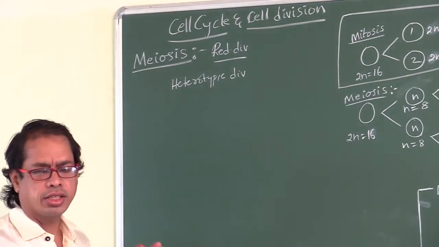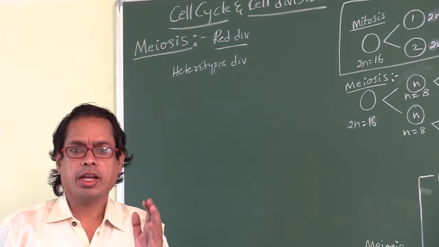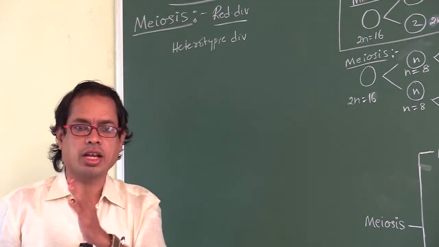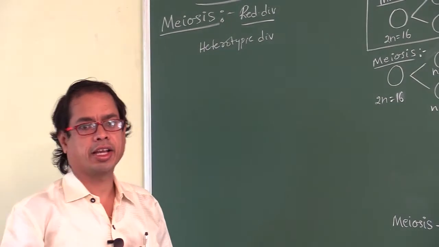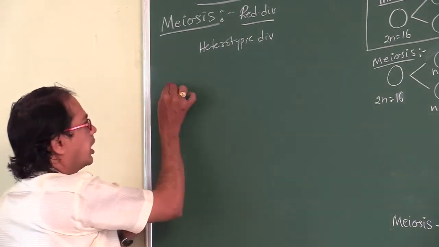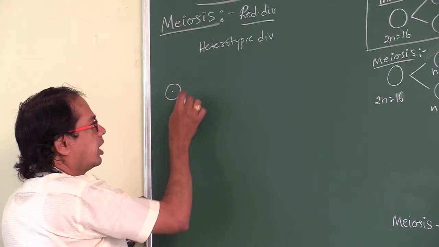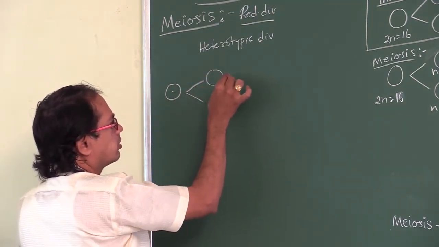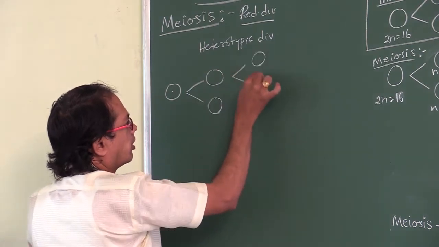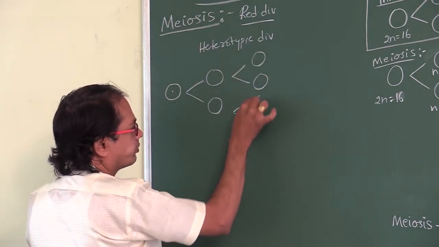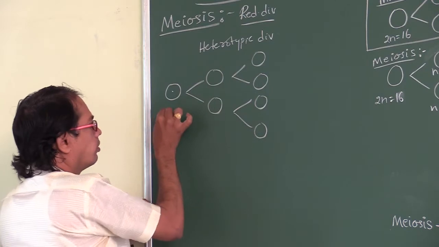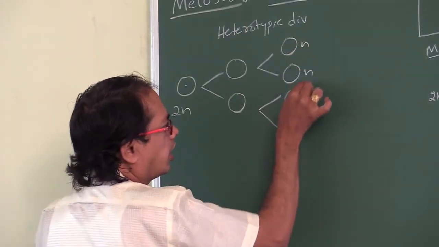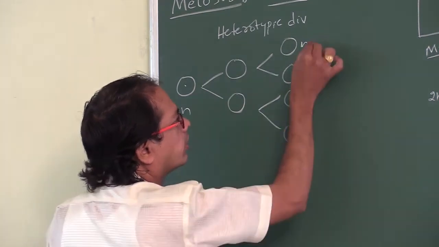Heterotypic division, that is, the genetic material present in parent cell and the daughter cell are not identical. That means, let us suppose this is one cell, finally it becomes meiosis 1 and finally meiosis 2. So, this is 2n, and each one is a haploid cell.